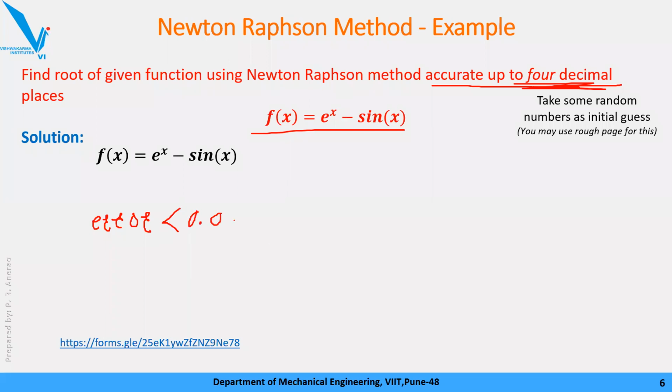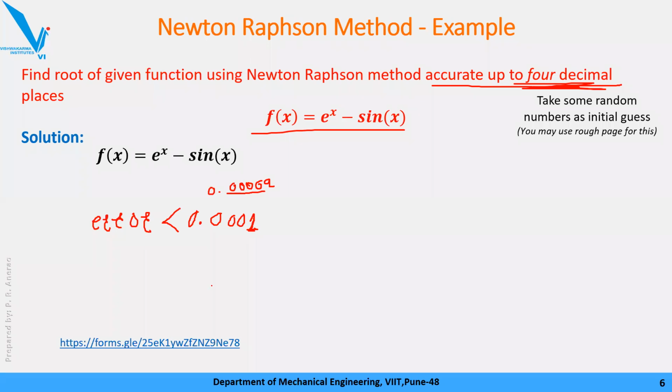So it should be less than 0.0001. The allowed error is 0.0000 followed by 99599 or anything, but there should be 4 zeros, for 4 decimal places.